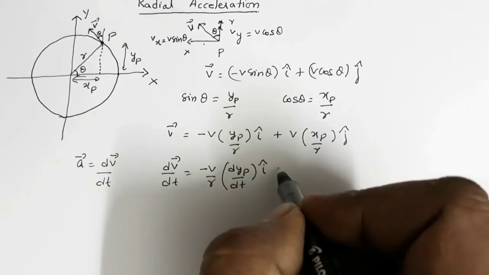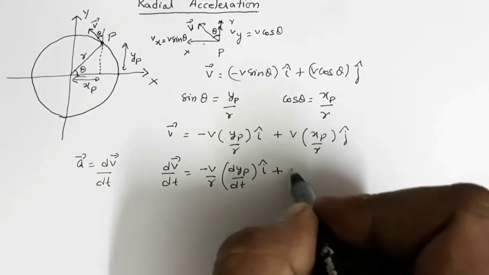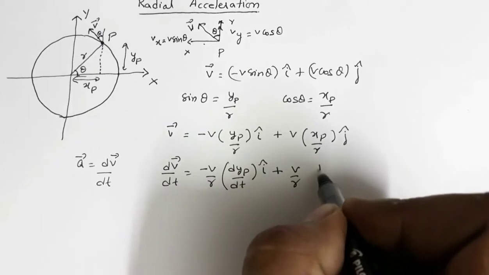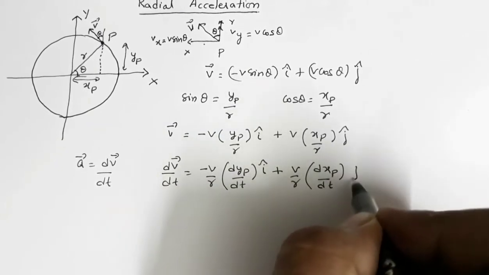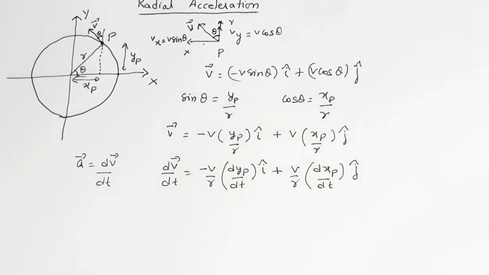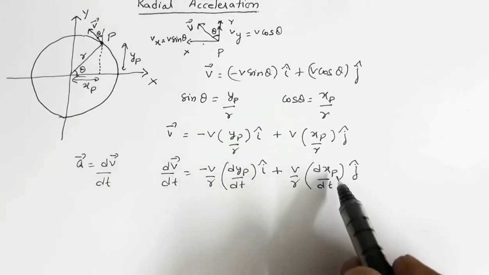I hope this step is clear to you. Then plus v by r dxp by dt multiplied by j cap.